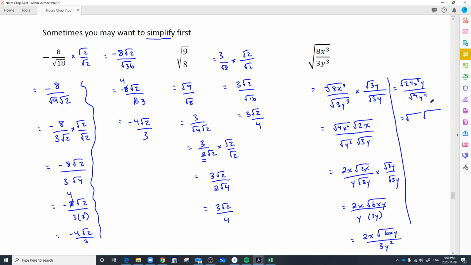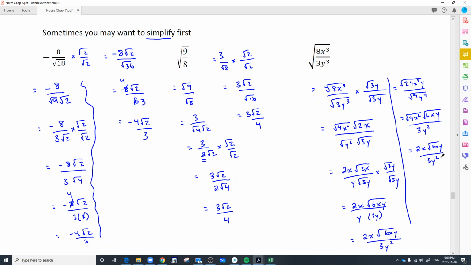Simplifying my radical in my numerator, the highest perfect square that goes into 24 is 4 with a remainder of 6. And then x cubed would give me an x squared with an x, and then the y. In the denominator, the square root of 9 is 3, and the square root of y to the 4 is y squared. So I'd end up with 2x root 6xy all over 3y squared.